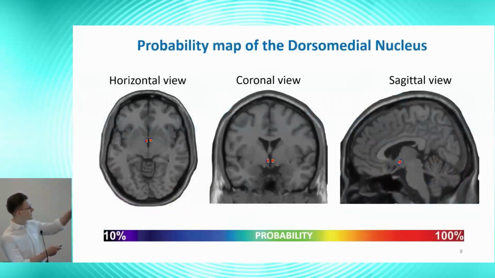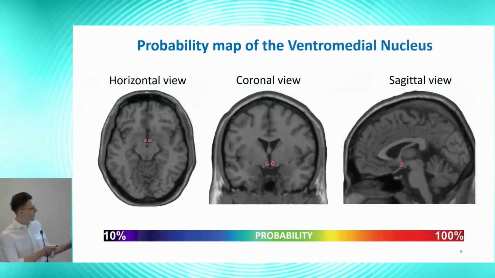For example, here is the dorsomedial nucleus, and this color-coded polygon depicts the probability of finding this particular nucleus in this voxel, with a probability of 100% in the red color in the middle, while if we go more to the edge, you see rather green or even violet color, meaning that the probability is rather 50% or 10%, or we can find this nucleus in just 5 brains or 1 brain.